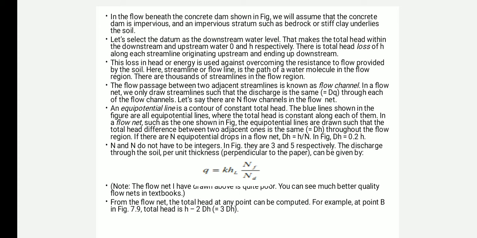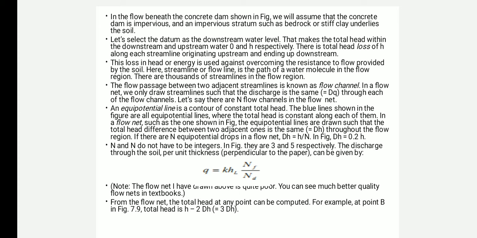Let's say there are capital N_f flow channels in the flow net. An equipotential line is a contour of constant total head. The blue lines shown in the figure are all equipotential lines where the total head is constant along each of them.